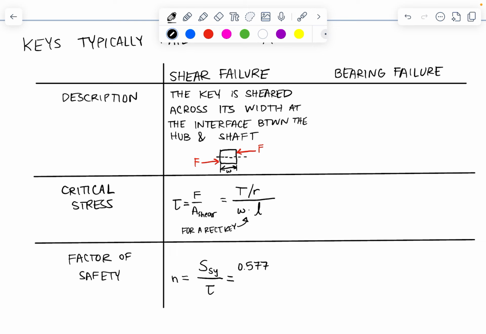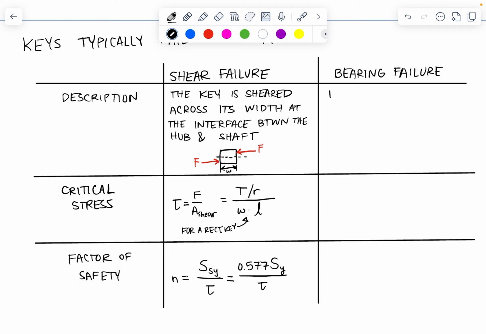And if you don't have the shear yield strength, you can estimate it using 0.577 times the tensile yield strength divided by critical stress tau. Okay, so that's shear failure.